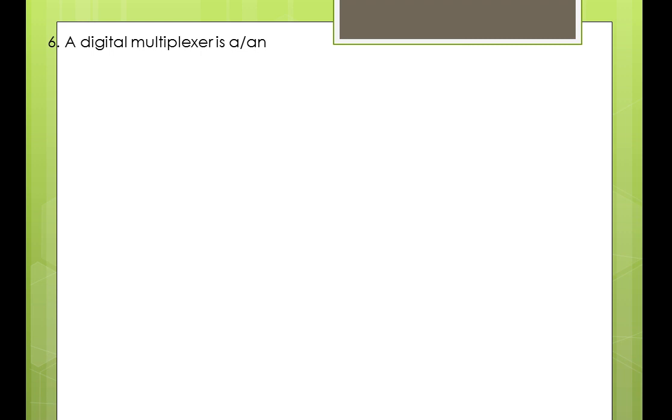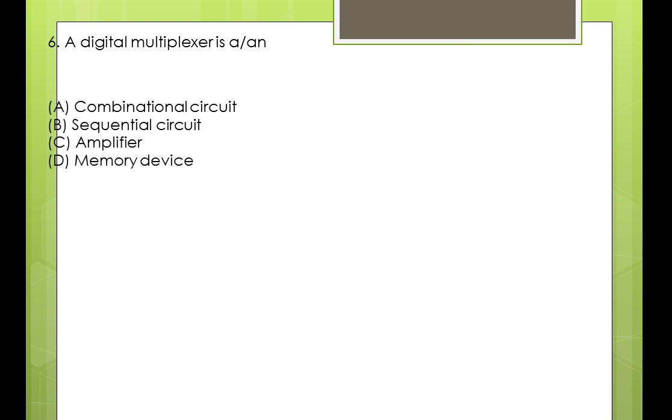Next question: a digital multiplexer is an. The digital multiplexer is also called the universal logic circuit. The options are combinational circuit, sequential circuit, amplifier or memory device. So what is meant by a combinational circuit?